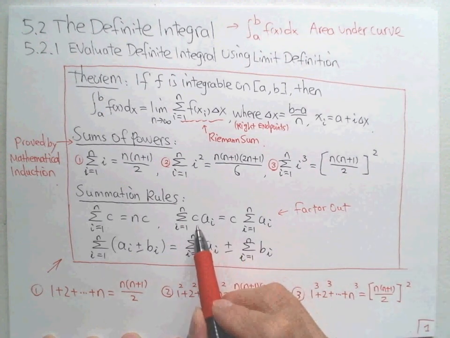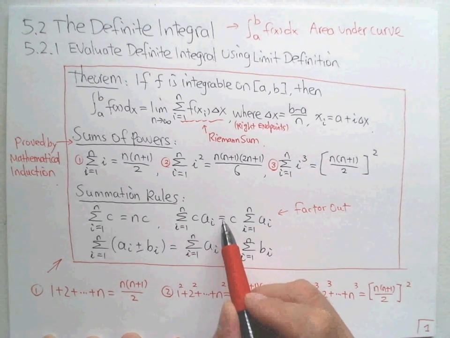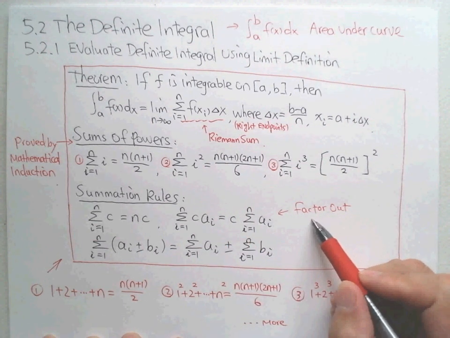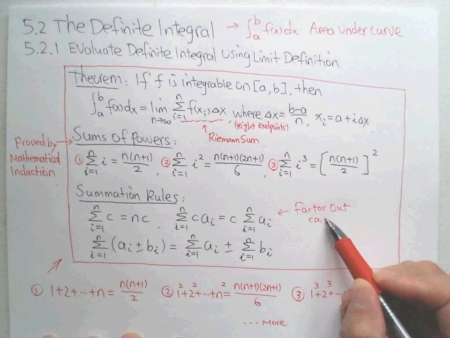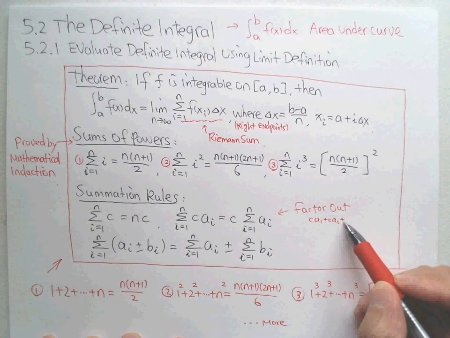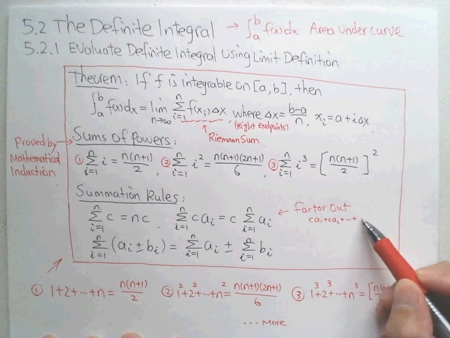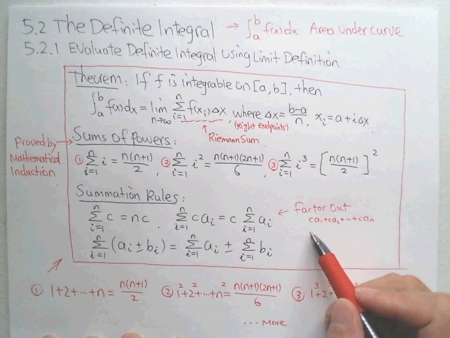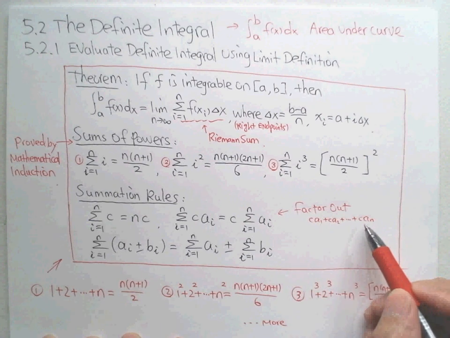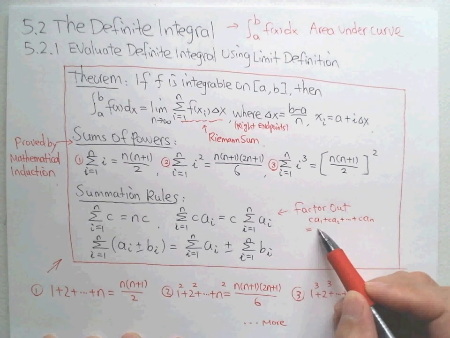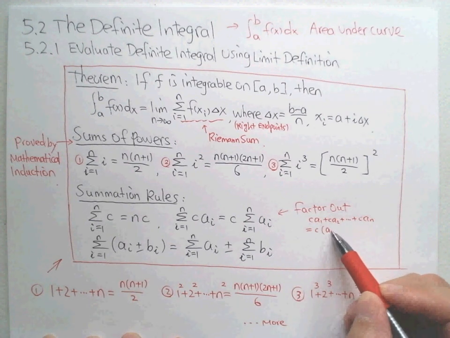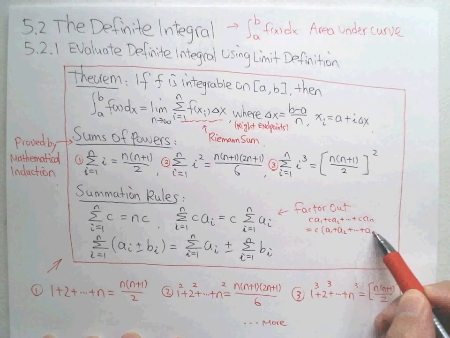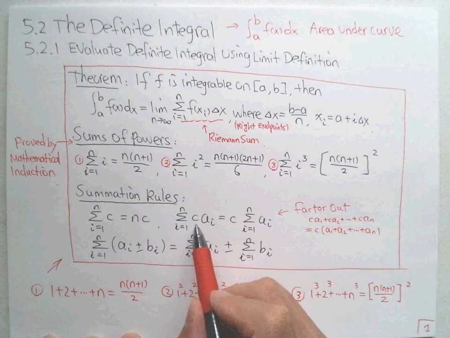Each term is c times a1 plus c times a2, and so on. If I write a little bit here, c a1 plus c a2 plus it goes on, plus c times an. This is the left side, right? So how to get this? Factor c out. What we have is c times parentheses a1 plus a2 plus and so on. If you see a constant number, you can factor it out.